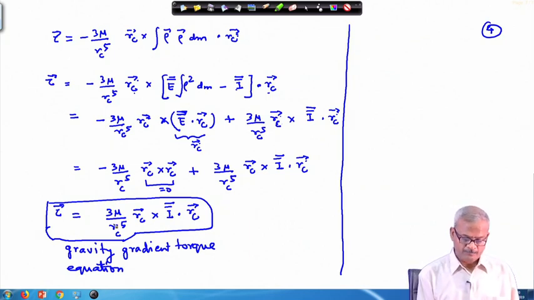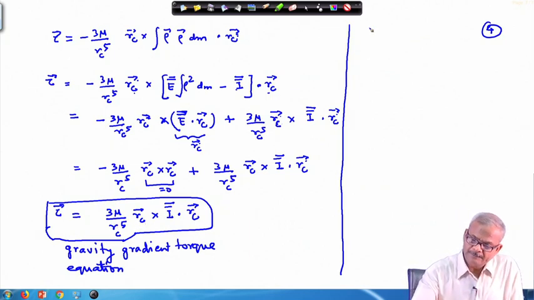Okay. Now, look into this quantity. If we define R c equal to R c times E c cap.